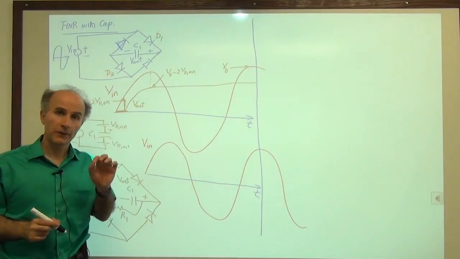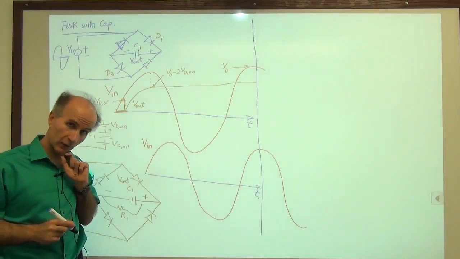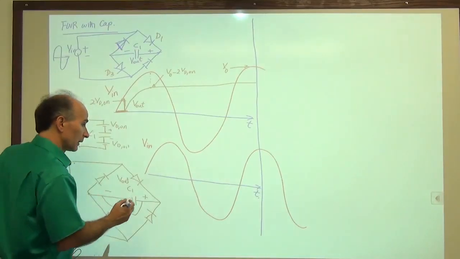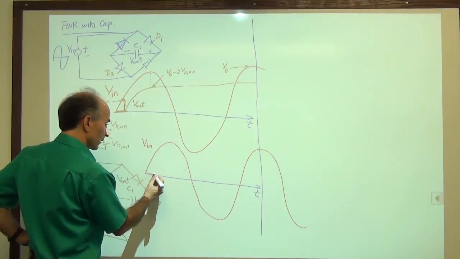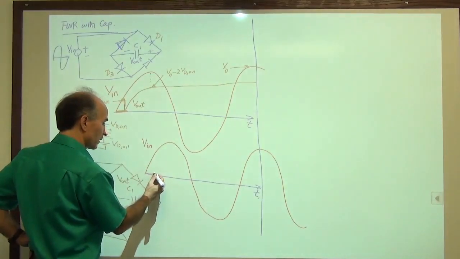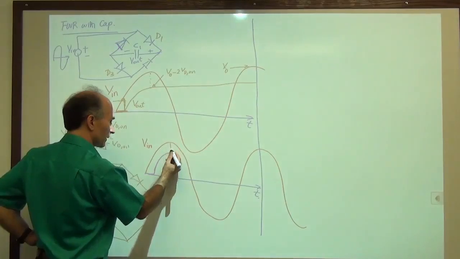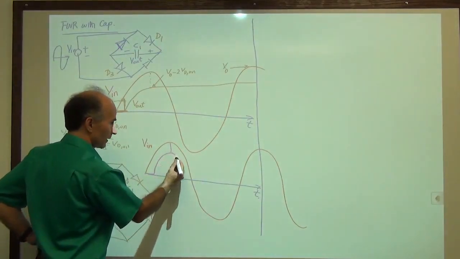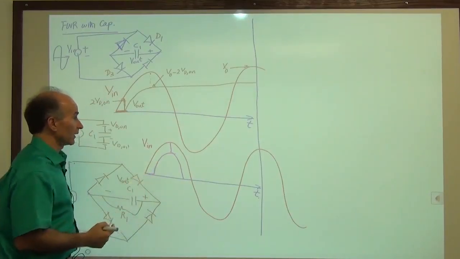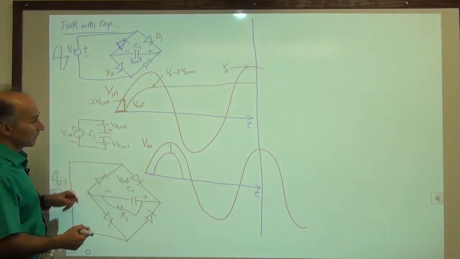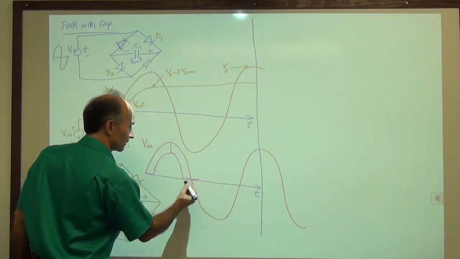So let's first draw the output with only a resistive load. What does it look like? Remember? Well, the way it works is that the circuit turns on and we obtain something like this. Then it keeps on until the input is not enough to keep the diodes on. So then we have some 0.